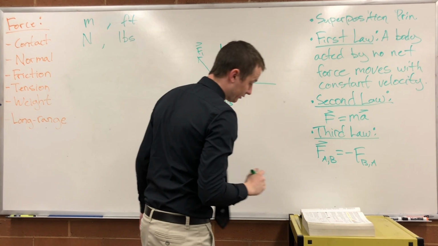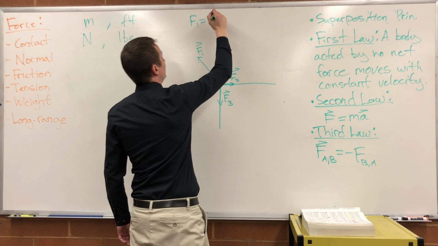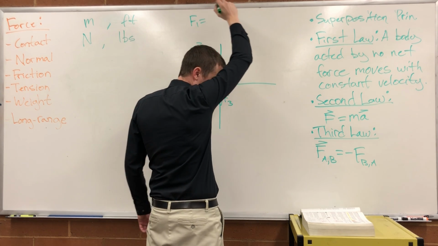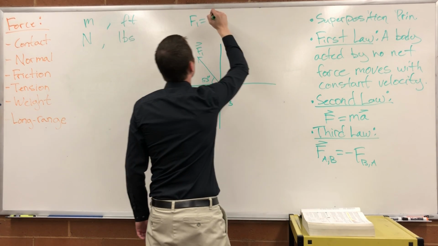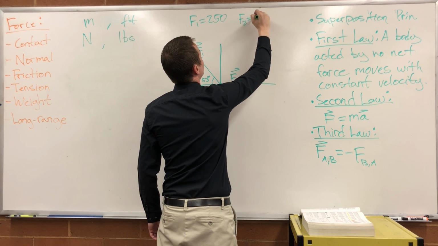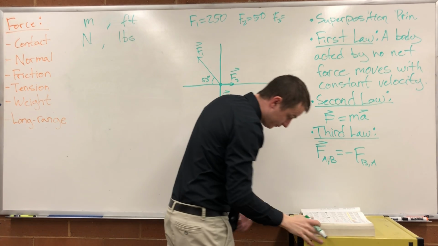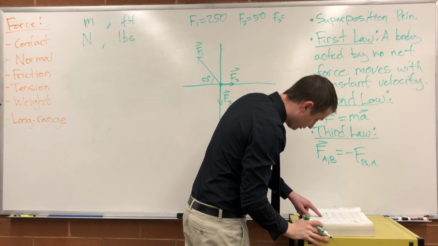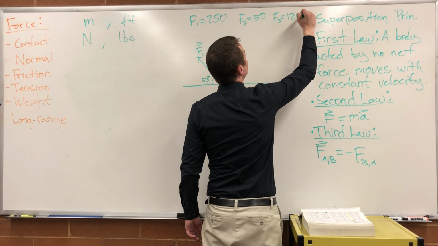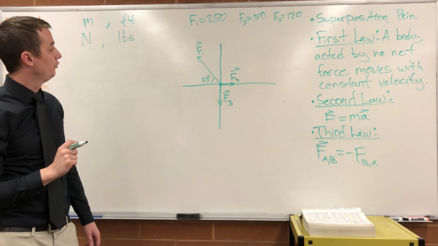Okay, and they give us the magnitudes of the vectors. We know that F1 is equal to 250 newtons. F2 is equal to 50 newtons. And F3 is equal to 120 newtons. So our job is to find the net force of all 3 of these.